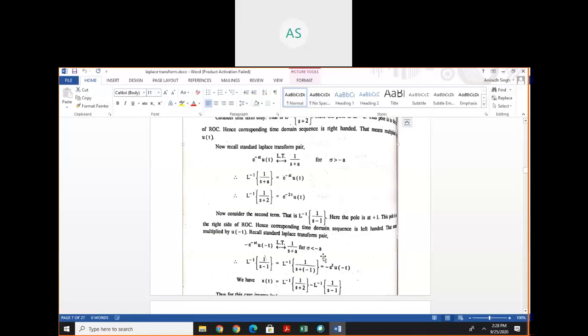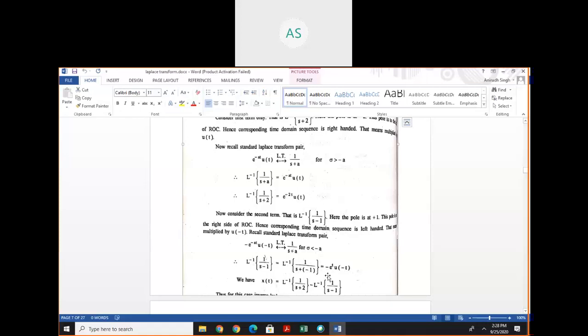So this pole lies to the right hand side of the ROC. So multiply the signal with u(-t).